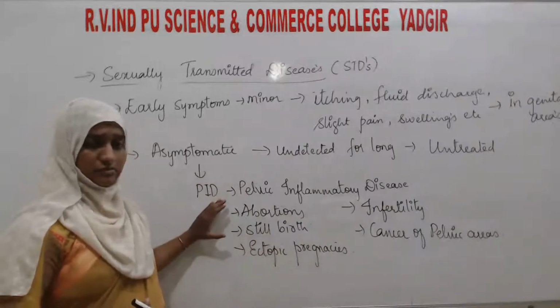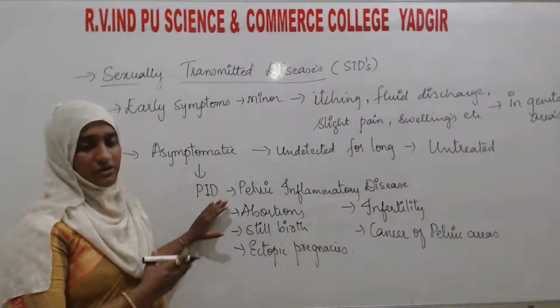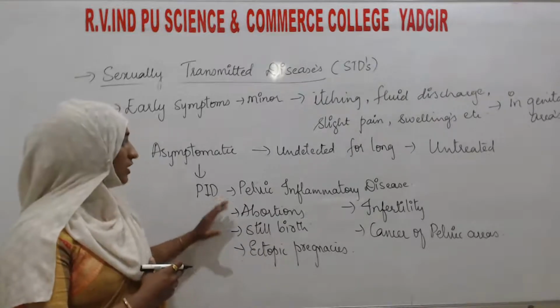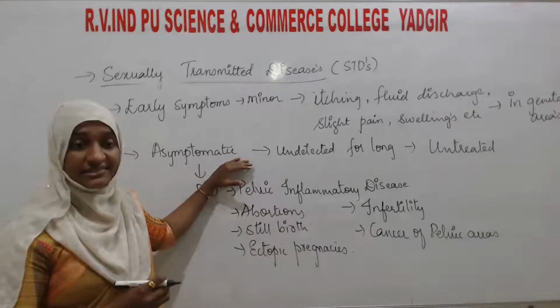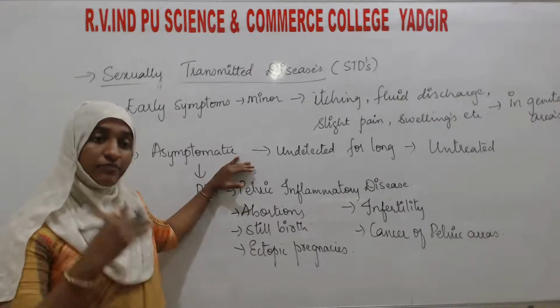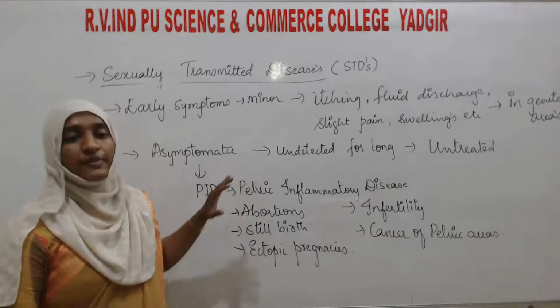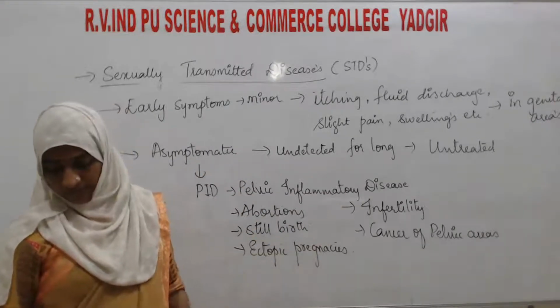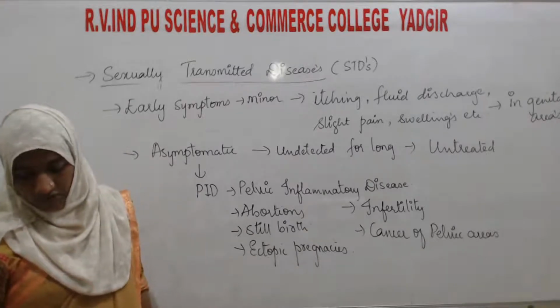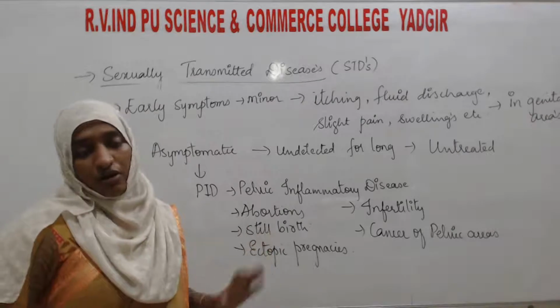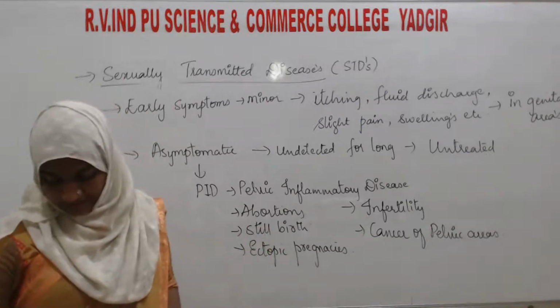All these things are possible when the diseases are dangerous, incurable, and undetected for a longer period of time. When there are no symptoms, that may lead to all these problems. Therefore, prevention or early detection is the best treatment for all these sexually transmitted diseases.